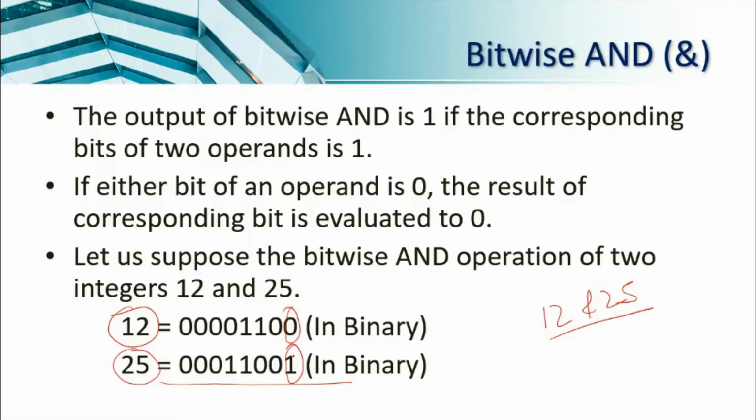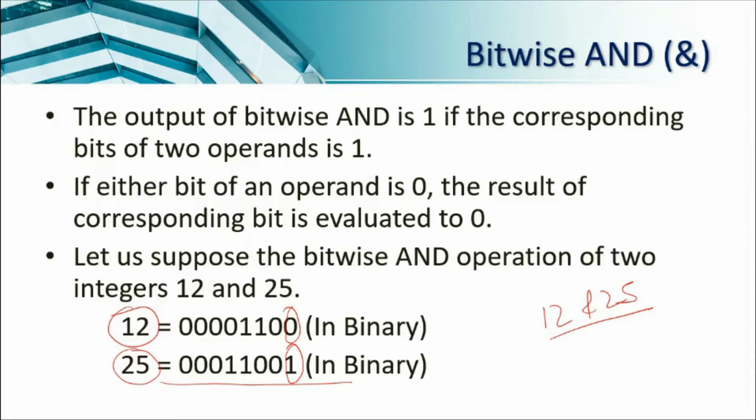If both are 1, then we will get a 1. If one of the bits is 0, then we will get a 0. This is almost the same as the logical operators, but here we are doing the bitwise operations in all these positions. So if either bit of an operand is 0, the result of the corresponding bit is evaluated to 0.